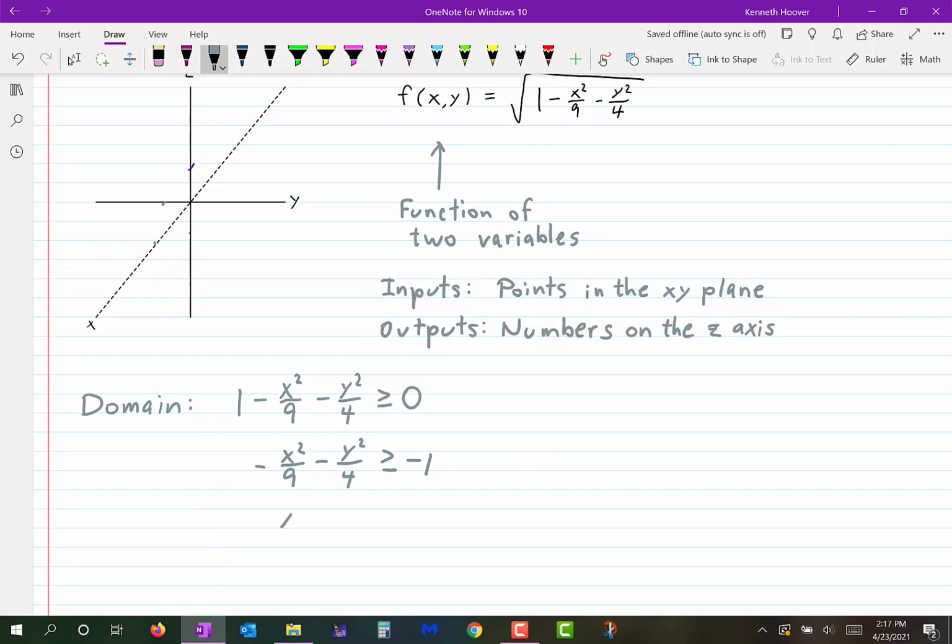Which means x squared over 9 plus y squared over 4 has to be equal to or less than 1. That's our domain.